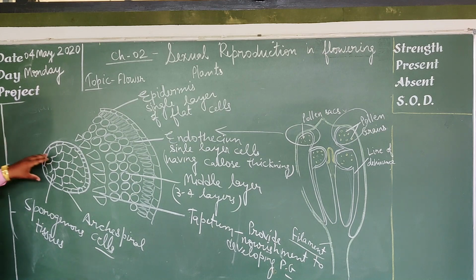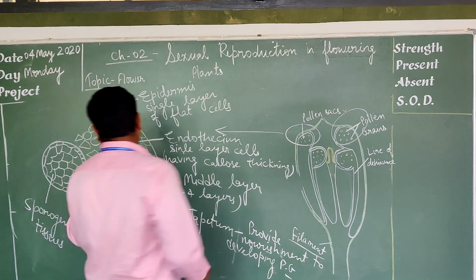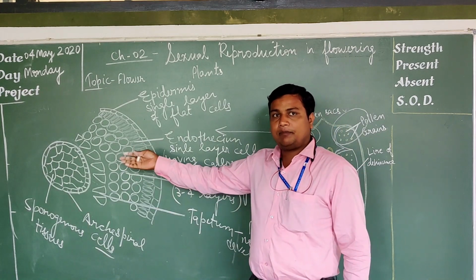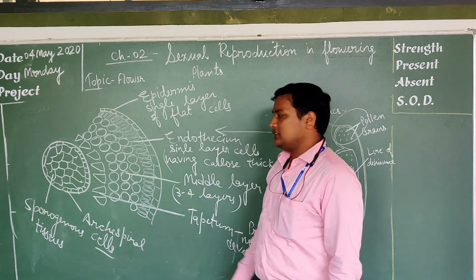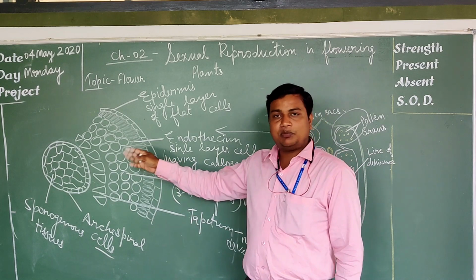Sporogenous tissues are composed of homogeneous cells. When these sporogenous tissues divide by mitosis, they develop into pollen grain mother cells, in short PMC.